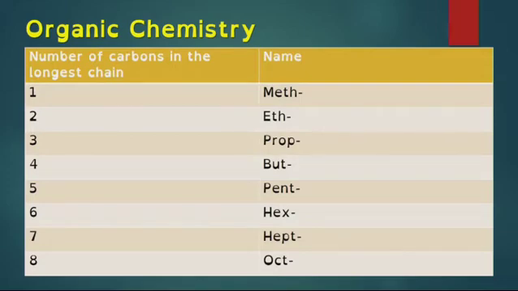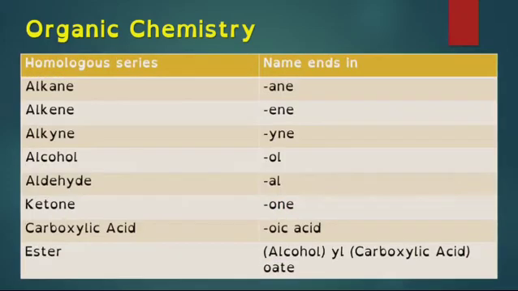So let's look at what we would add to each of these parent names to show what type of organic molecule we have. I've ordered these in the same way as the exam guidelines order their diagrams. So we start with alkanes.